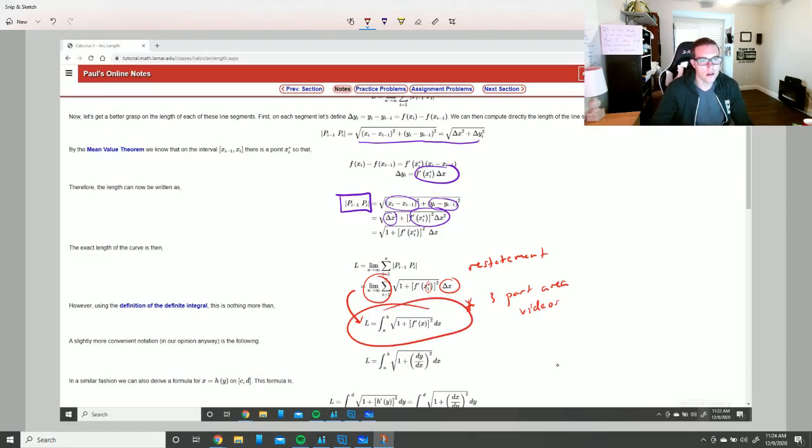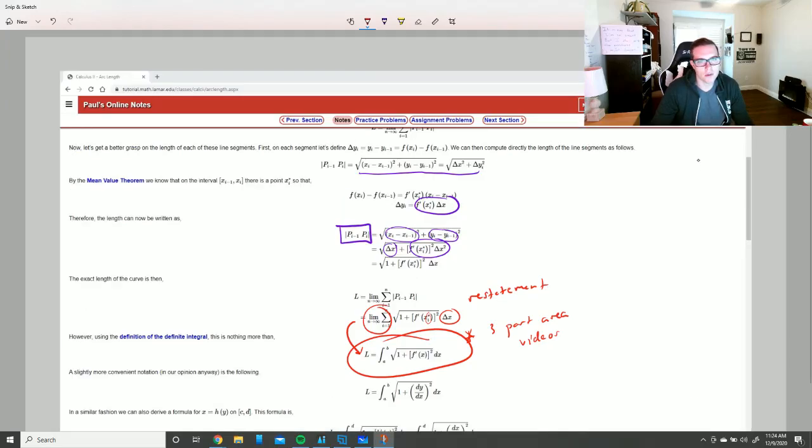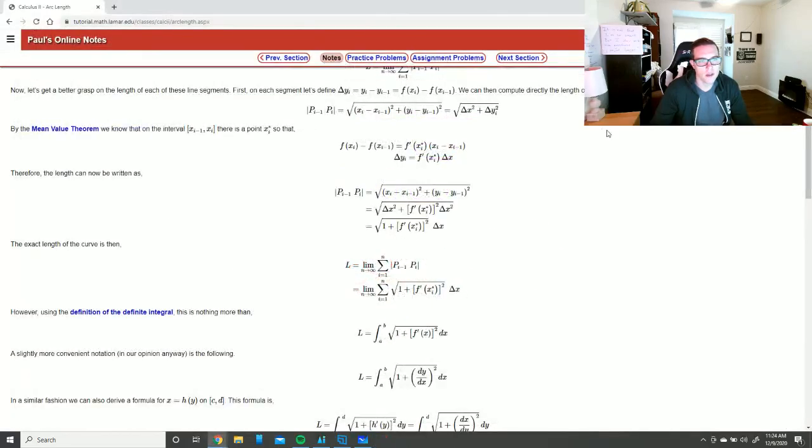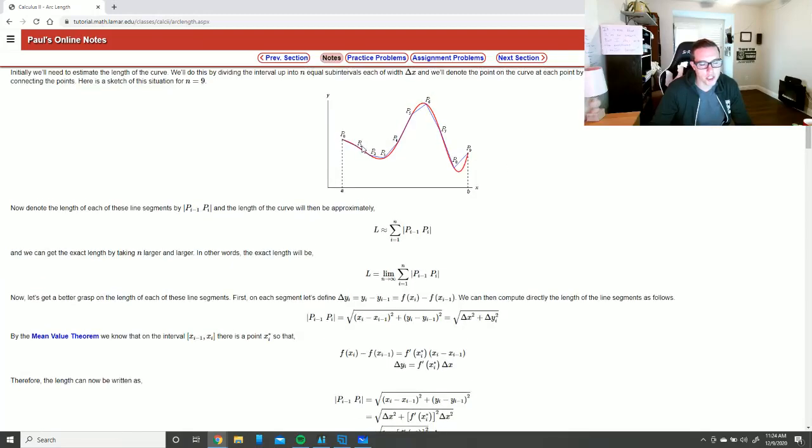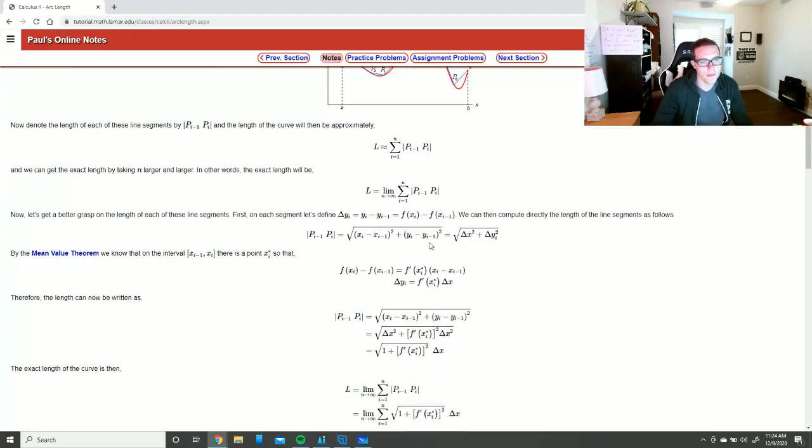Yeah. So this is from Paul's Online Notes. I use his stuff sometimes when I'm going through groups of things. But basically, it boils down to this. You're sectioning it off into smaller and smaller line segments. Each of these line segments can just be found with the distance formula.